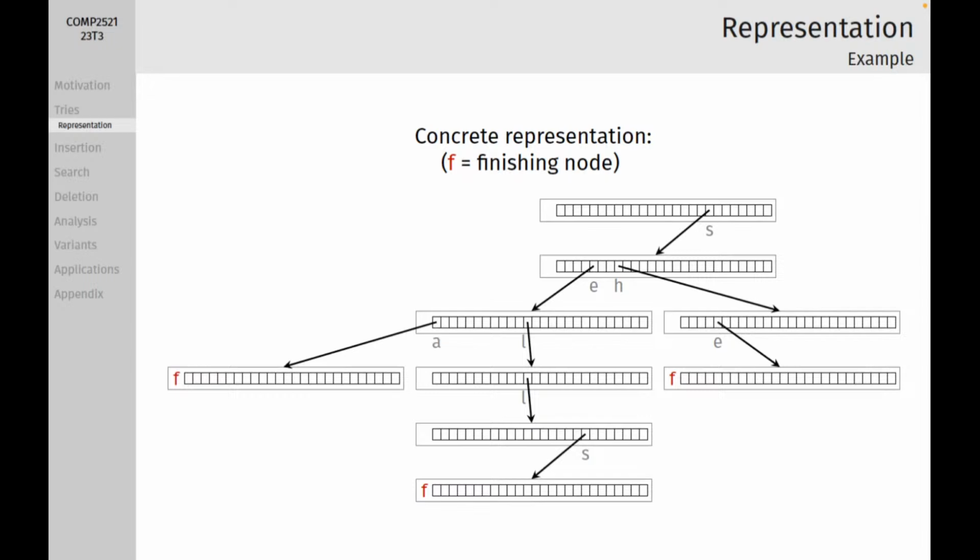So index 0 would correspond to A, index 1 would correspond to B, and so on. And in this case, we have a pointer at the index corresponding to S, right? One node down, we have two pointers, right? One at index 4, which corresponds to E, and one at index 7, which corresponds to H. All right, and next to each array, in these nodes, I've added an F here to indicate that these nodes are finishing nodes.